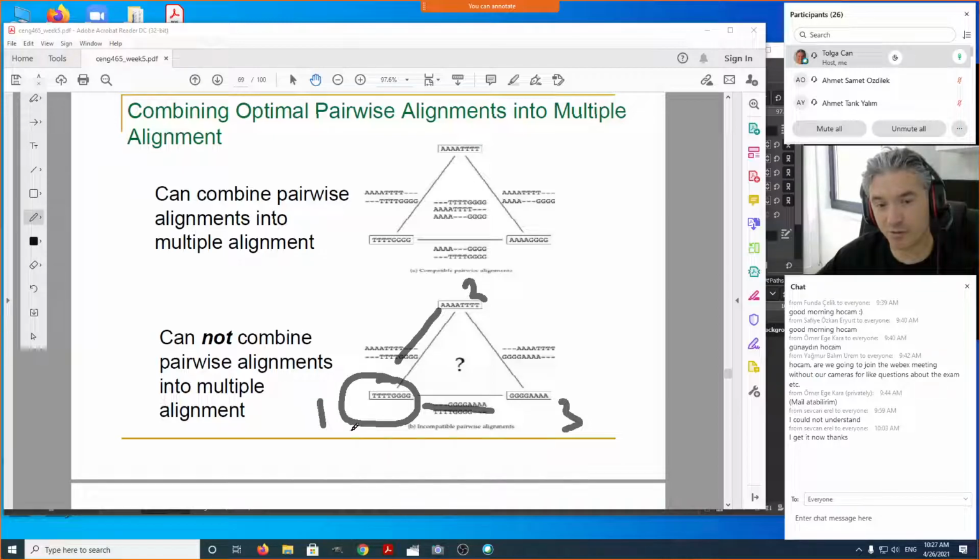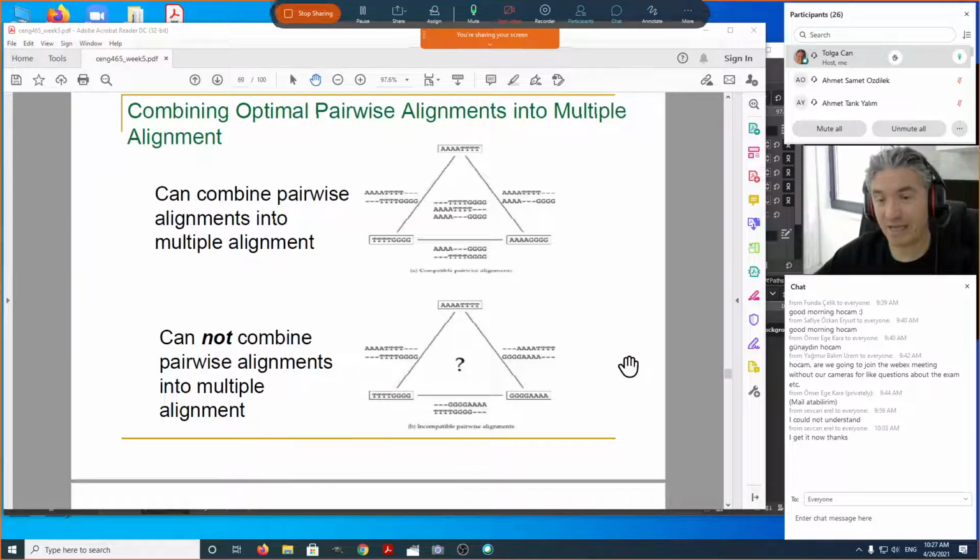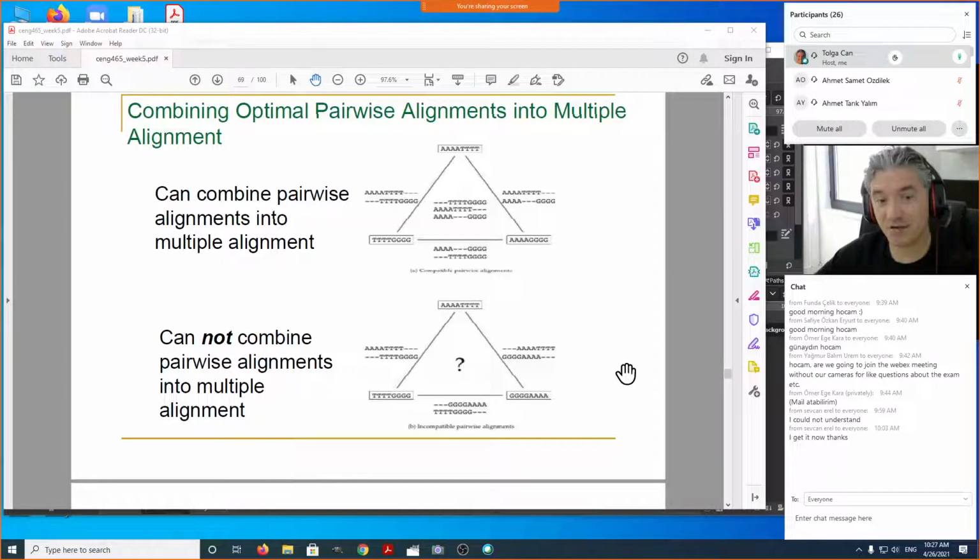In other words, if the first sequence is like a pivot, a reference point, you can use that to combine the pairwise alignments into a single alignment. It is possible, but when we were doing that, we ignored this pairwise alignment. So the next algorithm that we're going to see does exactly that, and it will ask the question. Again, we will have some degree of freedom.